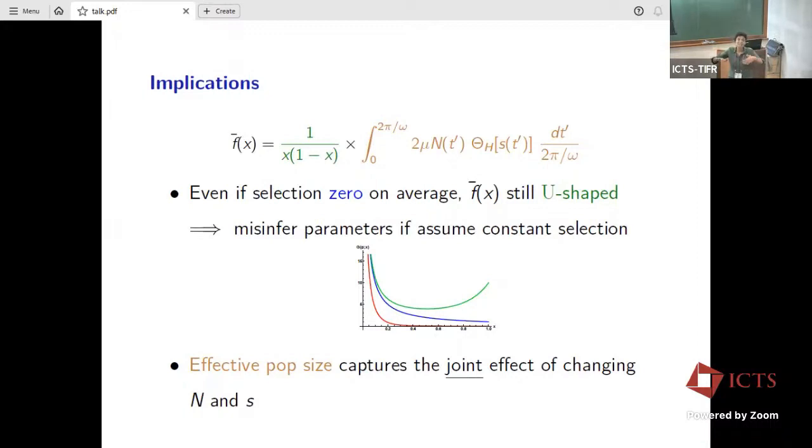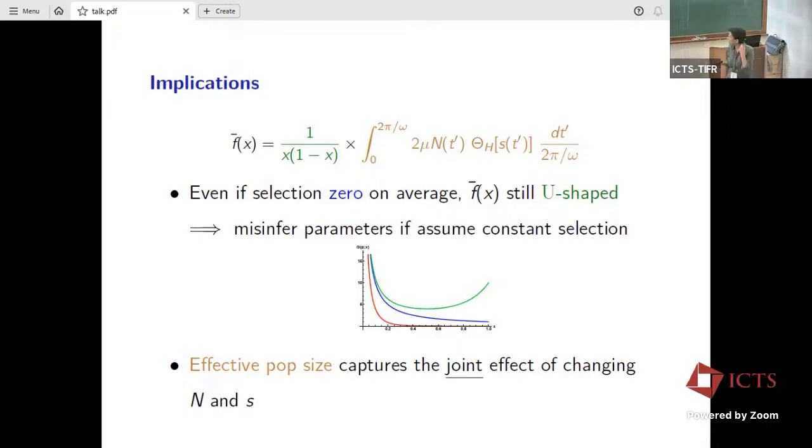Yet your SFS will look like, so if it is neutral on average, perhaps you would think that the SFS on average should look like the blue curve. But because it's not getting contribution from the negative cycle, it looks like a U-shaped function. Okay, it's a simple thing. It's just getting contribution from the positive part, no negative part is contributing, and that's why it looks like a U-shaped function. Although perhaps you would expect, because it's neutral on average, that it should look like a decreasing function.